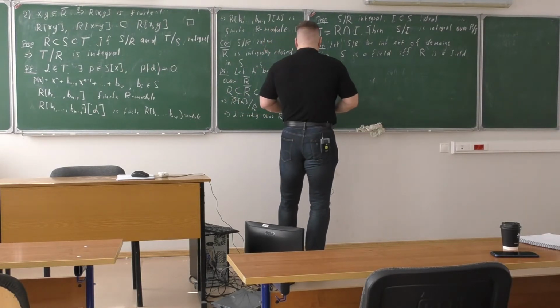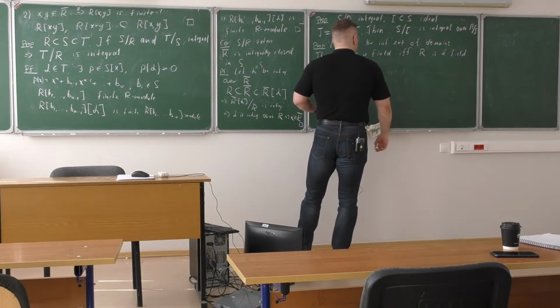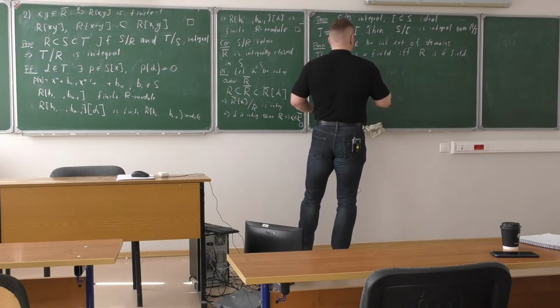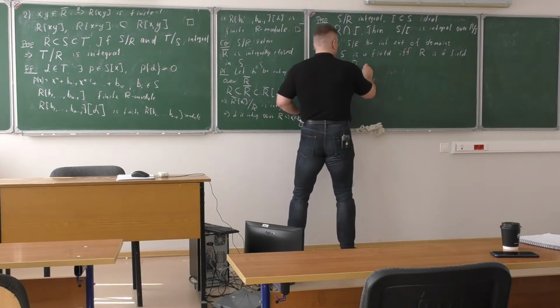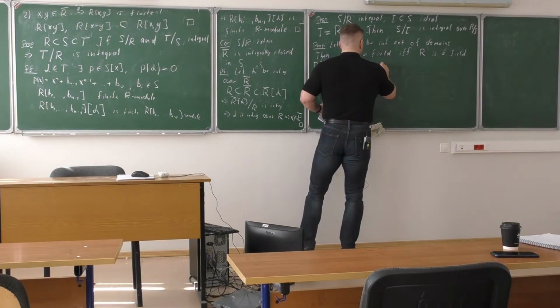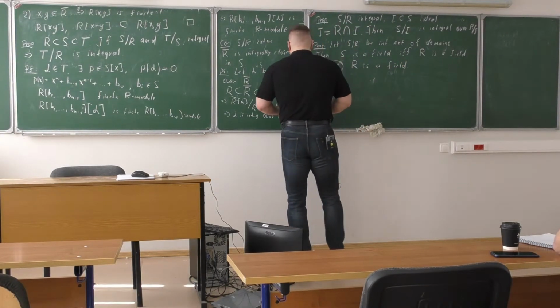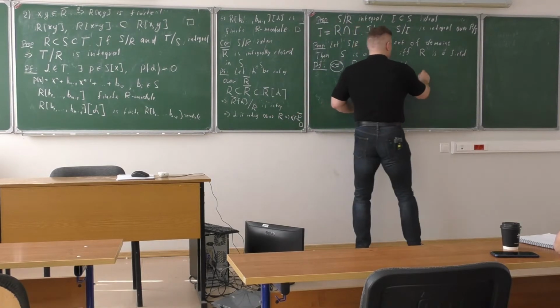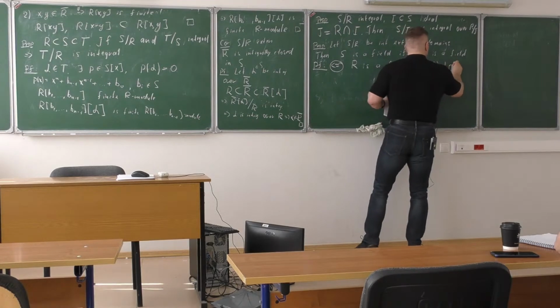Proof. So we need to go in two directions. First, let's suppose that R is a field. So let's take some element x, which is in S, but not equal to 0.